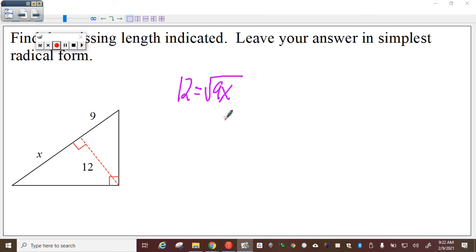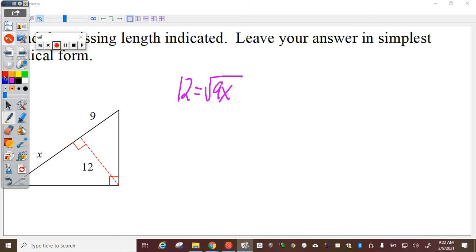This is where I wanted you to remember how to solve for the x in this case, because now in order to get that square root gone, I'm going to square both sides. This square cancels the square root, and I have 9x equals 144.